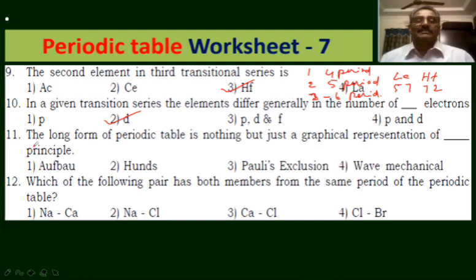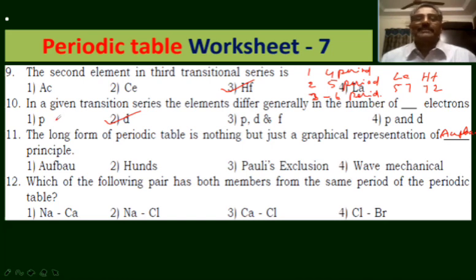Next, 11th question. The long form of the periodic table is nothing but just a graphical representation of the Aufbau principle. The Aufbau principle states that the electrons are filled in the orbitals in the increasing order of their energies.